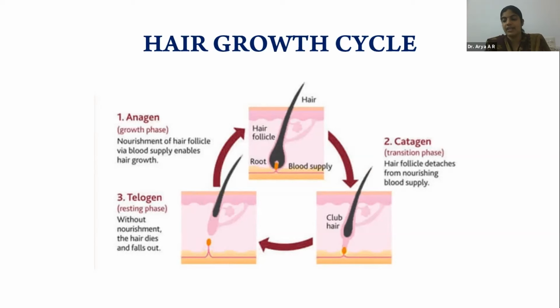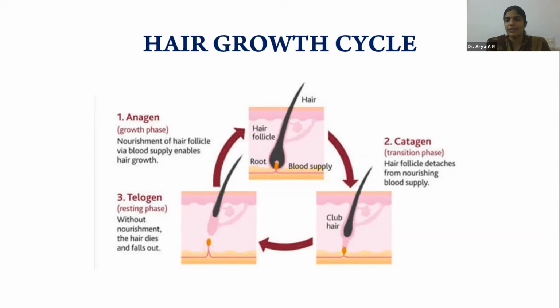The next one is radiation therapy. That also you are all familiar with. For example, with chemotherapy the hair is shed. And the other cause is stress. Stress also plays a major role in hair fall.